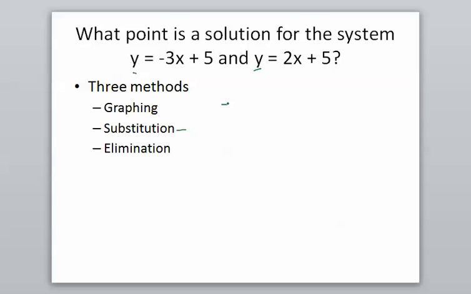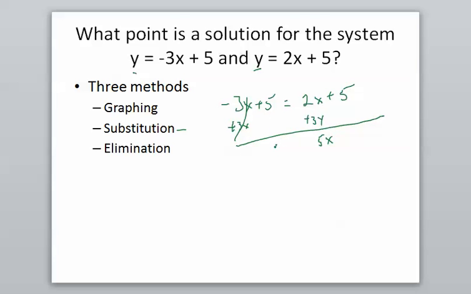I'm going to have negative 3x plus 5 is equal to 2x plus 5. Okay? So I take the smaller x, in this case the negative 3x. I'm going to add 3x to both sides of this equation. And I'm going to get 5x over here, and that's going to go to 0.